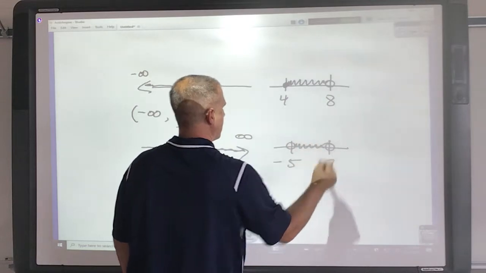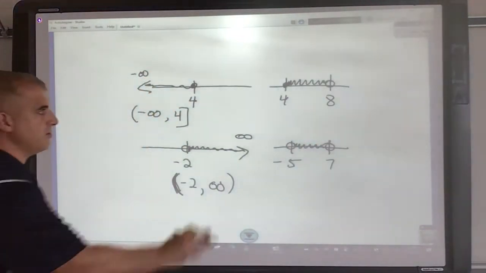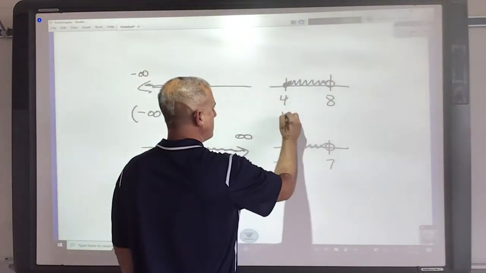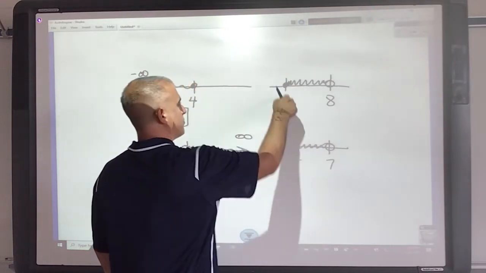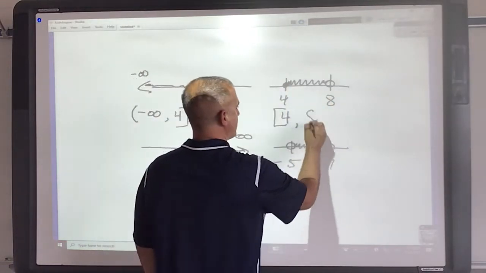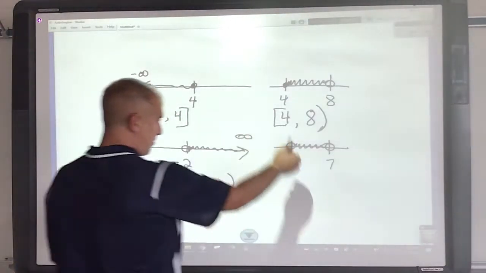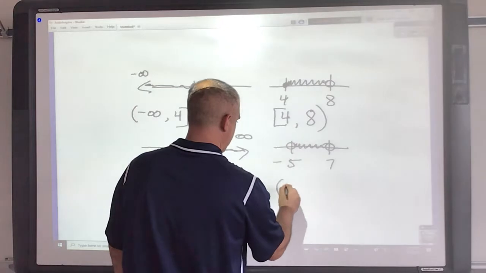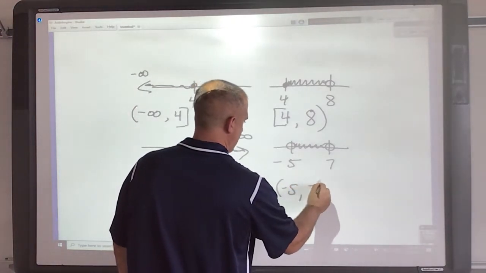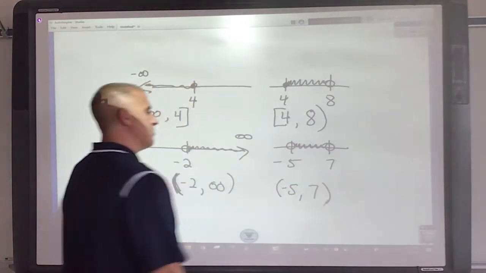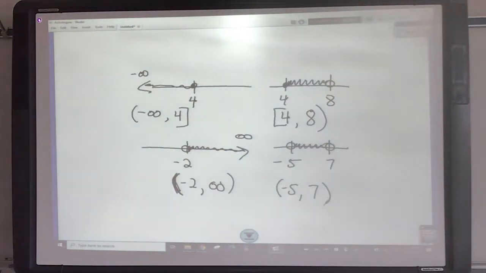So the smaller of these two numbers is 4. It is a closed bracket because it's got a closed circle. This would be 8, which would have an open circle and a curved bracket. For the other one, the smallest number is negative 5, since it's open. And then this would be 7. This would also be open because it is a circle of that type.